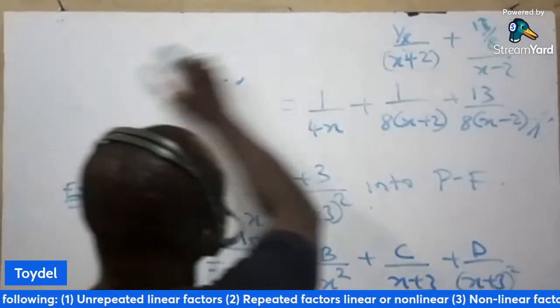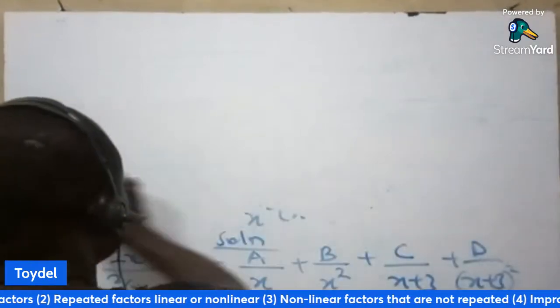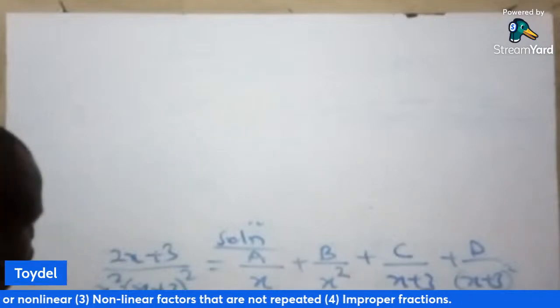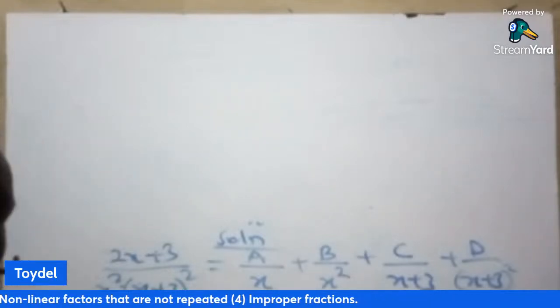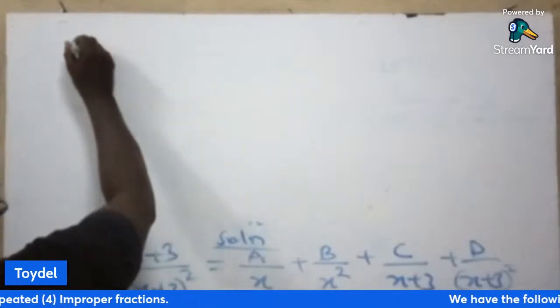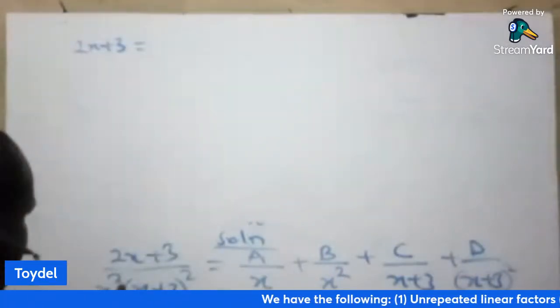Then if that is taken, we can go ahead and do the needful. From here now, multiply everything through by the factors that we have at the denominator. If we do that, we'll be left with 2x plus 3 at the left hand side. Then x squared will take care of x squared.